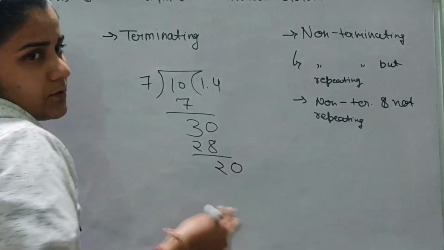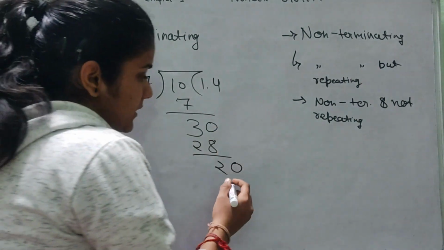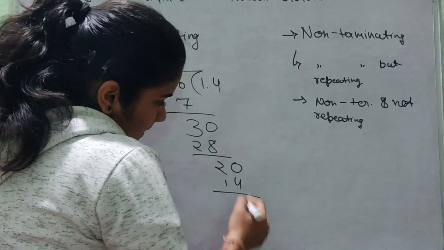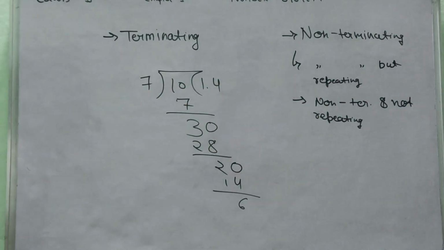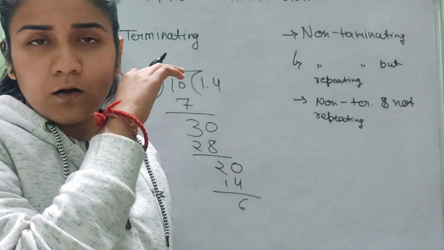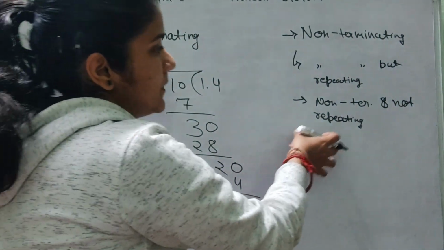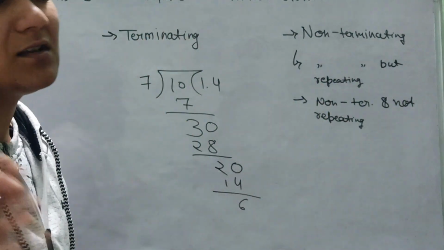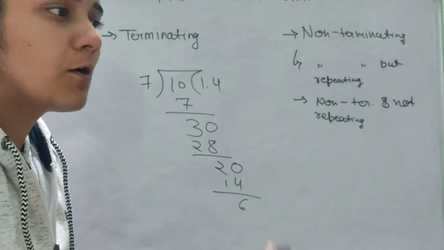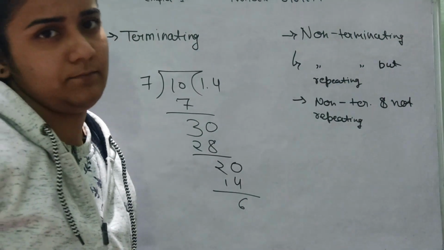Again 0, 7, 8, 7, it again gets 2 times. This process goes on, and there is no repeating number. So this is called non-terminating and non-repeating. There are many examples of it. There can be infinitely many numbers found between two numbers which are non-terminating and non-repeating.